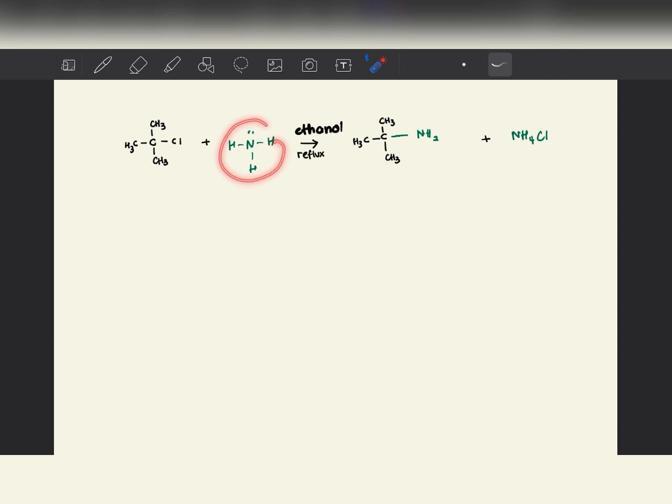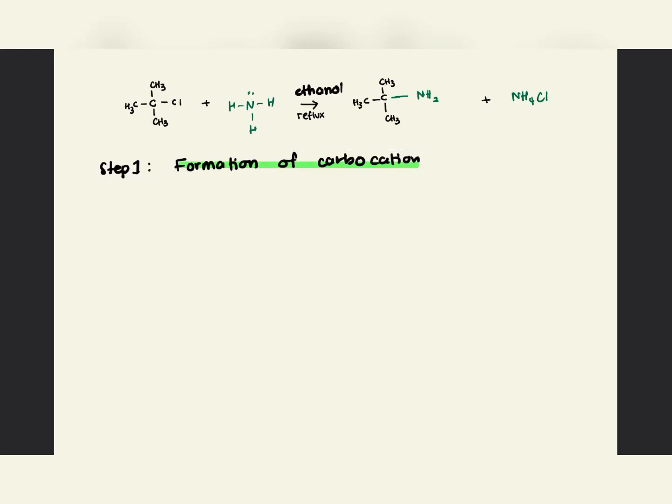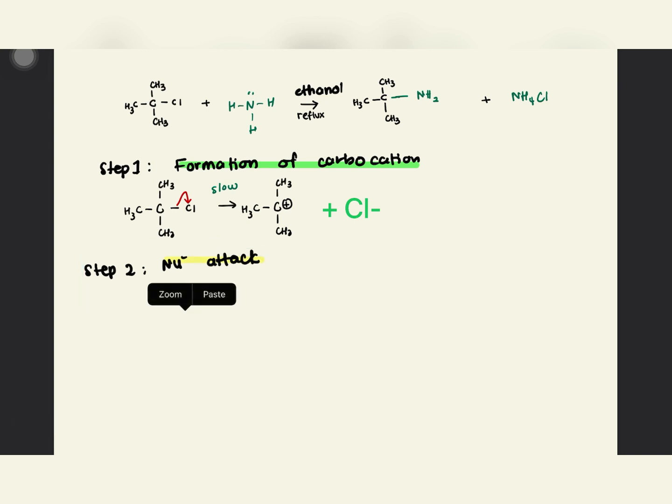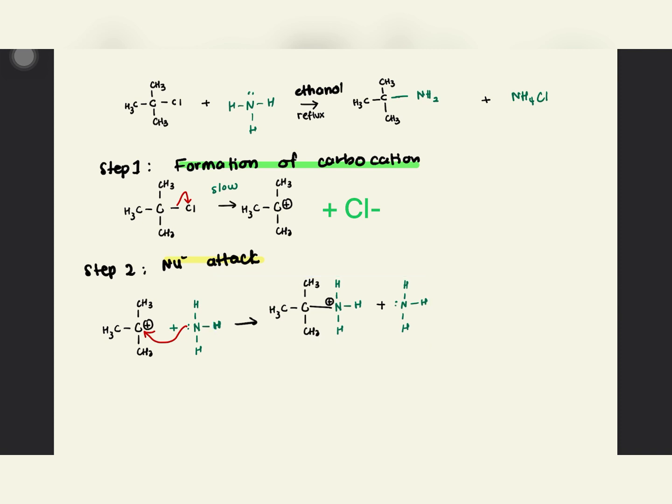Let's have a look at another example with NH3 as the weak nucleophile, and kita dapat amine and NH4Cl as the side product. So first step sama juga macam biasa, formation of carbocation, and jangan lupa tulis slow and the side product Cl- ion ataupun chloride ion. So second step is nucleophile attack. So untuk nucleophile attack, kita akan attack guna lone pair dekat nucleophile. So you will get like this.